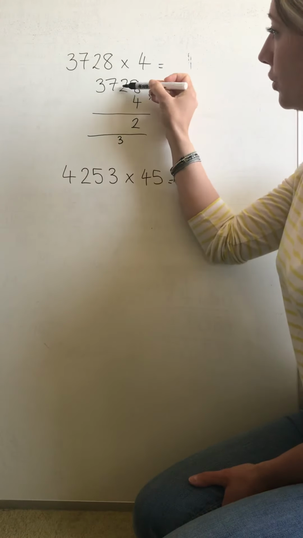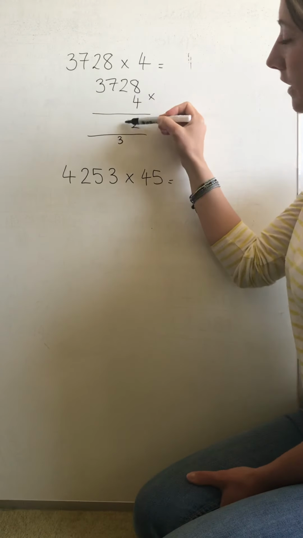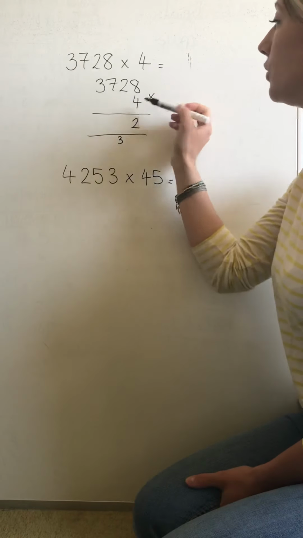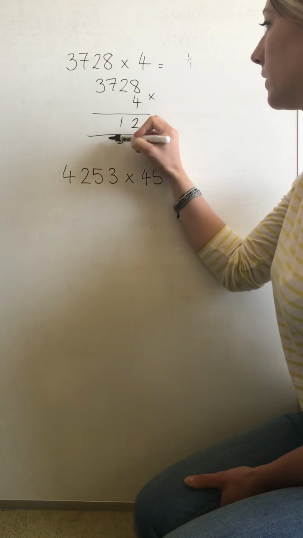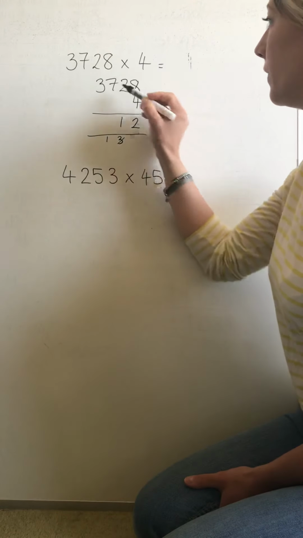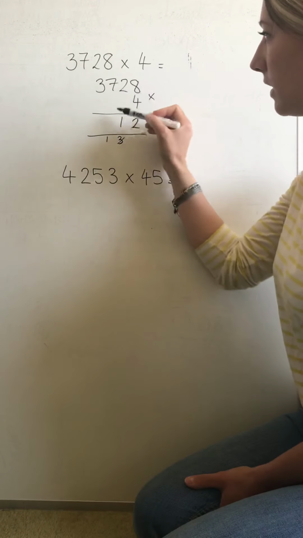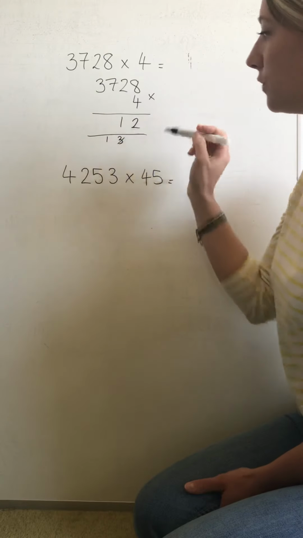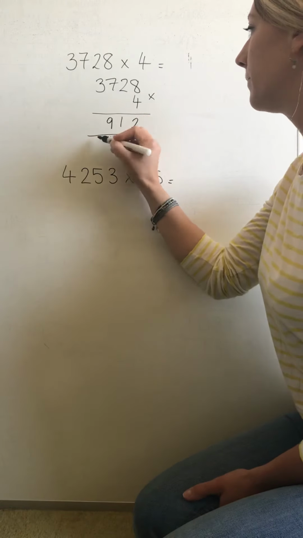Now we're going to do 2 times 4. Actually this is 20 times 4, but because the answer is going in the tens column, we can just call it a 2. So 2 times 4 is 8, plus 3 makes 11. We'll carry the 1. We've now got 7 times 4, which is 700 times 4, but again, because it's lined up in the hundreds column, we're just going to do 7. So 7 times 4 is 28, plus 1 makes 29.